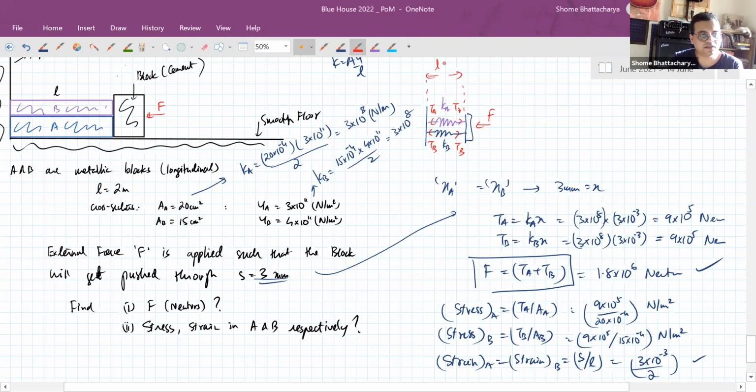They are compressed by X from the natural length. So basically, delta LA is equal to delta LB is equal to this X, whereas natural length of A was equal to natural length of B, was equal to the L. Okay.